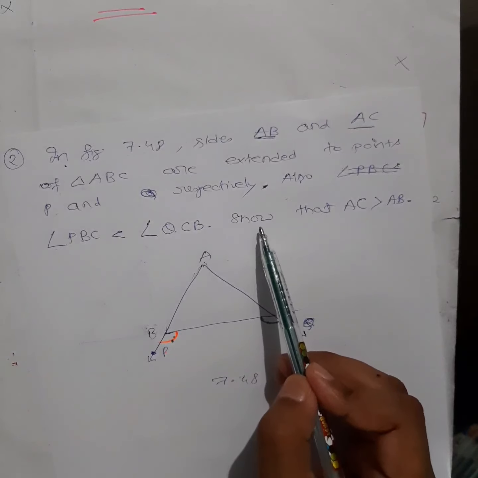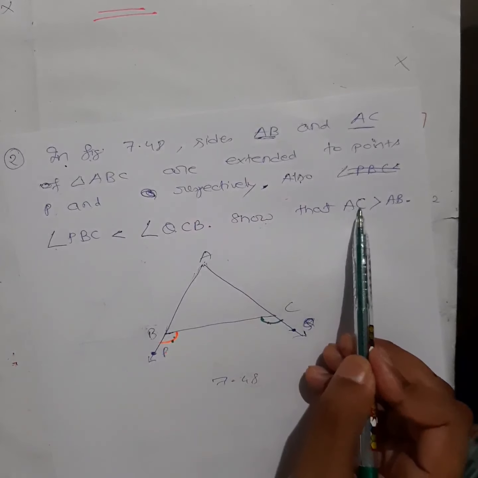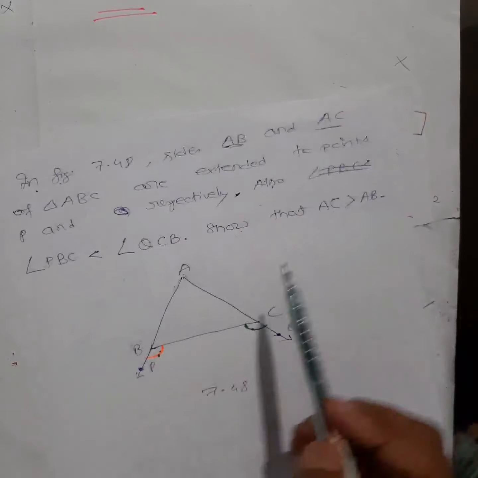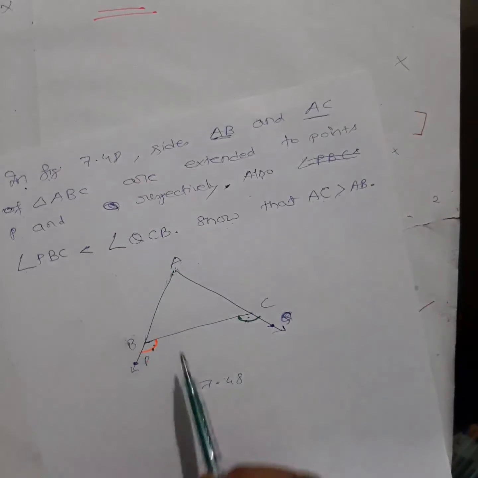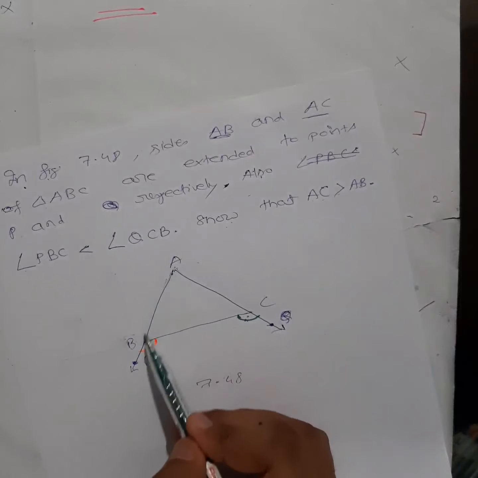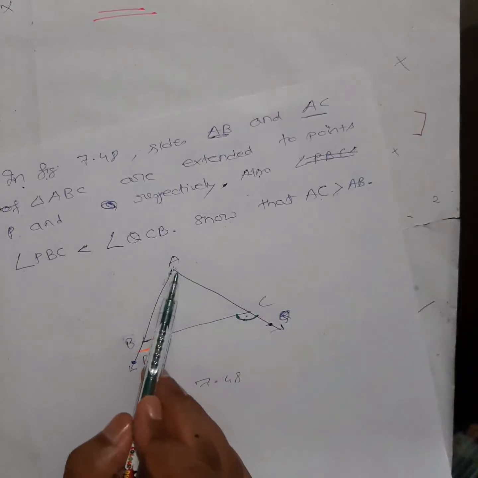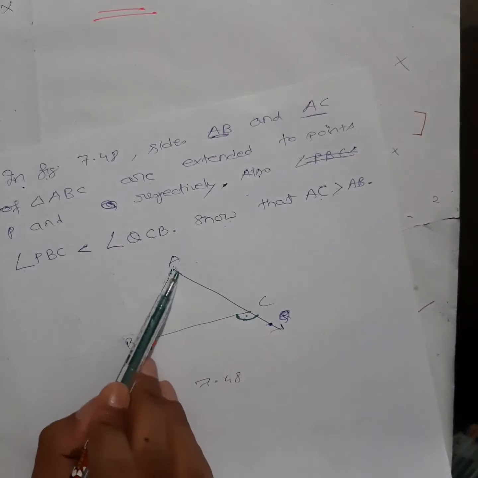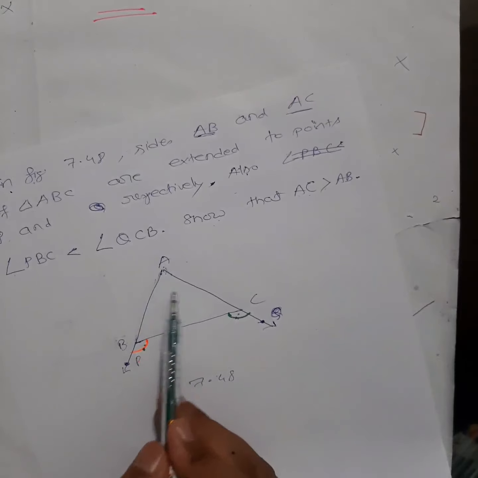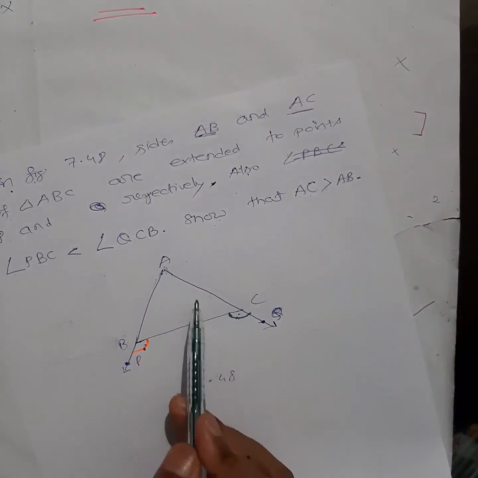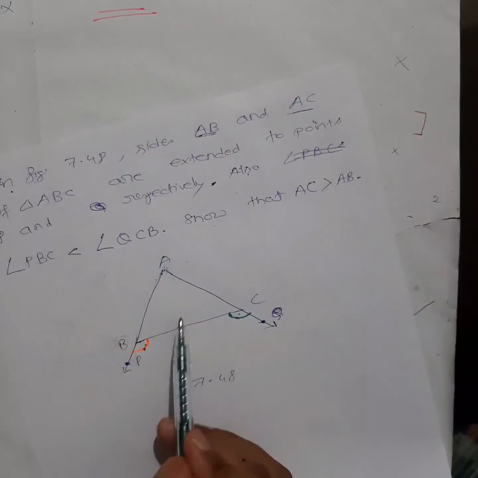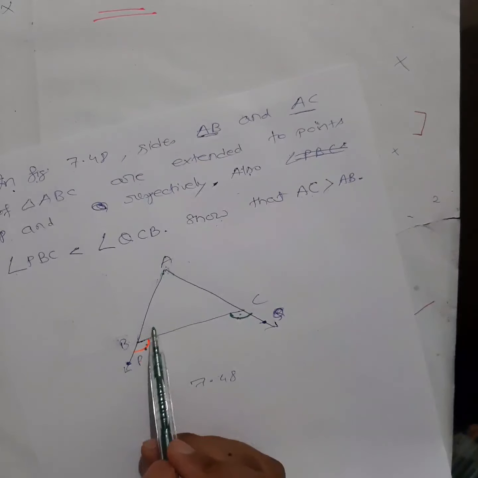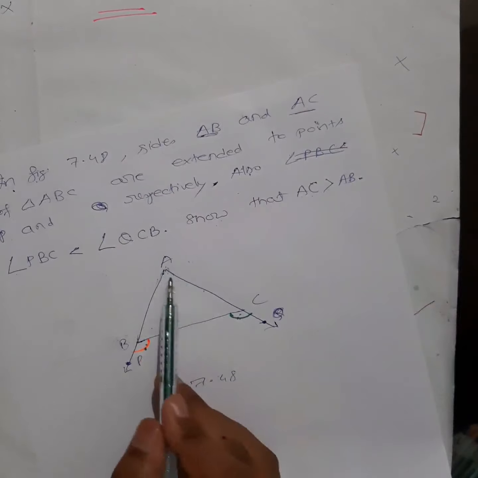Next, they have asked you to show that AC is greater than AB. So you have to show this side AC is bigger than AB. Remember, we have just done the theorem in which we studied how you get the longest side of a triangle by the angle. In a triangle, whichever is the larger angle, opposite to that will be the longest side.